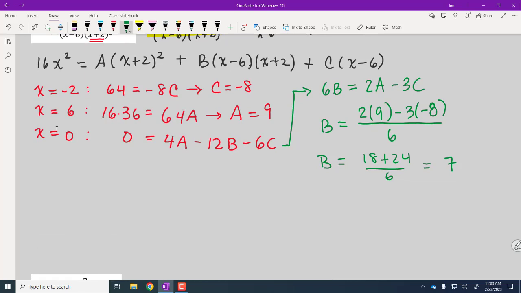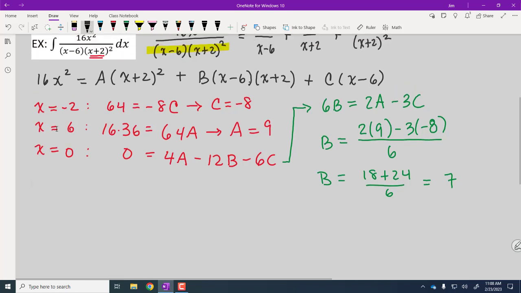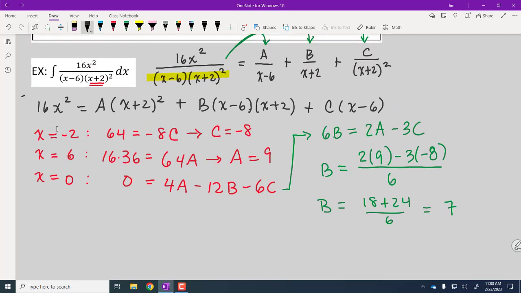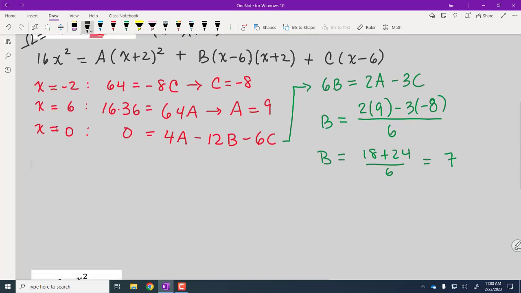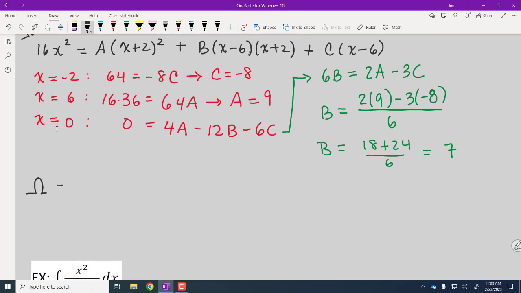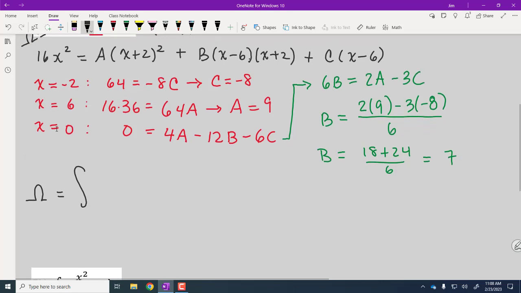Okay, so now we have all 3 of our coefficients. Let's call the original integral something. I'll just call it omega. So the original integral is now equal to, we're breaking it into 3 partial fractions.